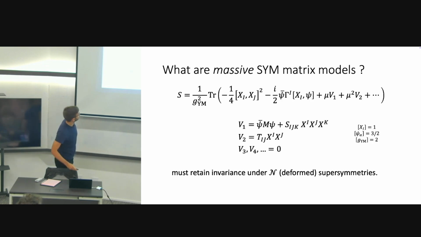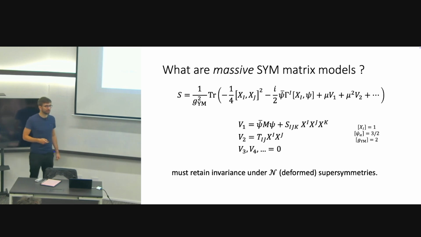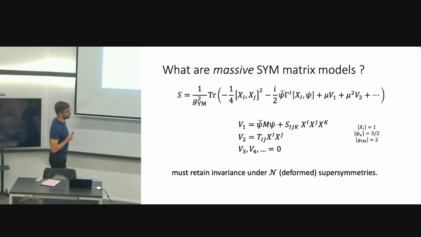Now, what is a mass deformation? What is a massive super Yang-Mills matrix model? I start from super Yang-Mills, and I allow deformations in the following sense. I will work in units where g Yang-Mills has dimension 2, and X has dimension 1. I consider a mass parameter mu, which has dimension 1, and I allow for the following deformations.